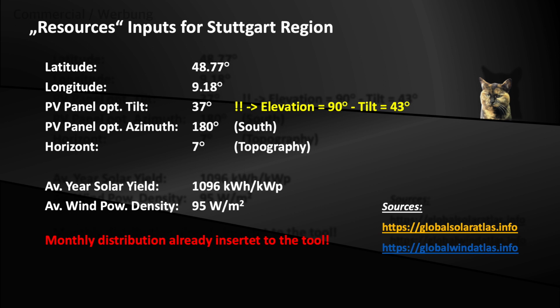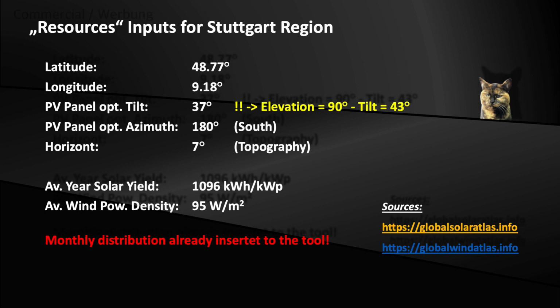Here is the summary, which we derived in the last episode from the Global Solar Atlas and from the Global Wind Atlas. In addition to the monthly yield potential for solar and wind, we noted the latitude and the longitude for our location in the Stuttgart region.